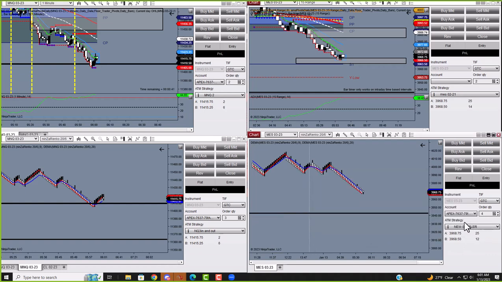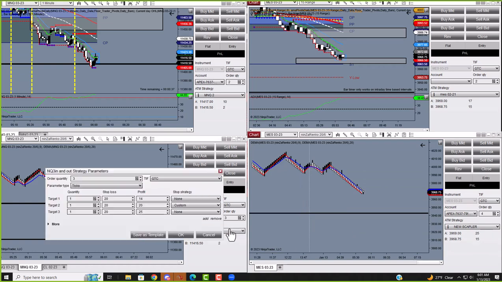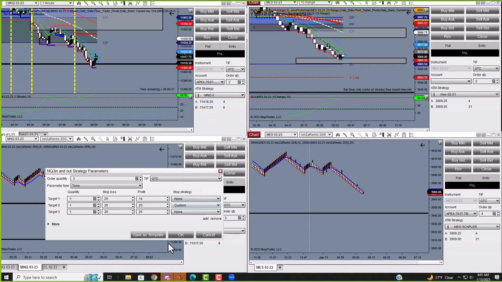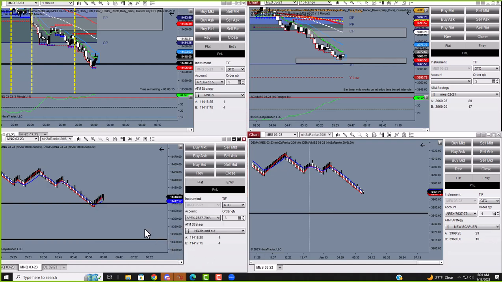The in and out trade on this one is 3 contracts. We have a 20, so a 10-point stop. If you want to screenshot that, you can. But this is just short-term trades, with one runner if we can get them.